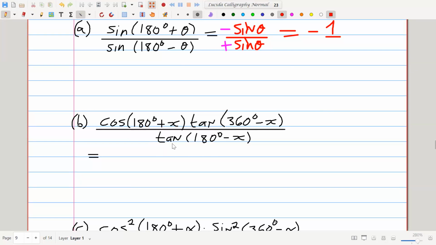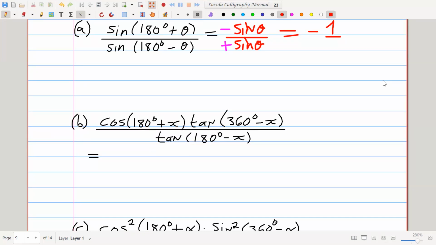So we have 180 degrees plus x, which takes you to the third quadrant, and tan of 360 minus x, this will be in the fourth quadrant. And you have tan of 180 minus x, that would be the second quadrant. So how do you simplify that? You want to express this as simply as possible.